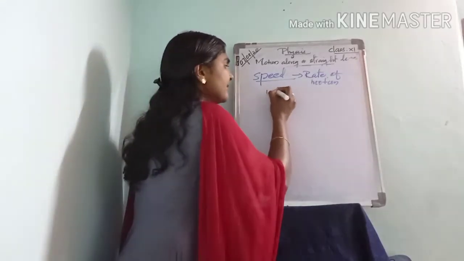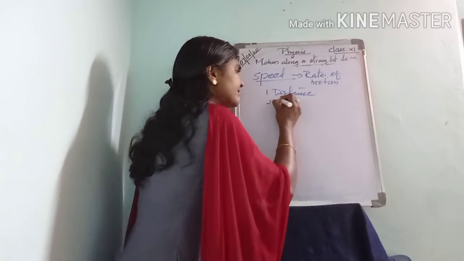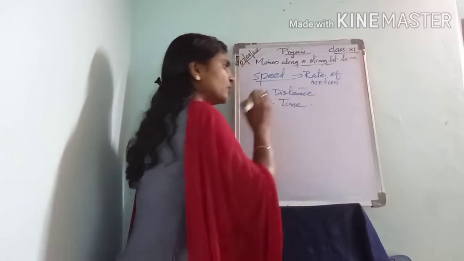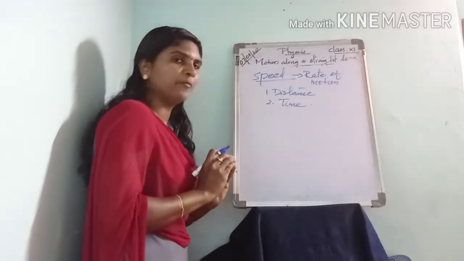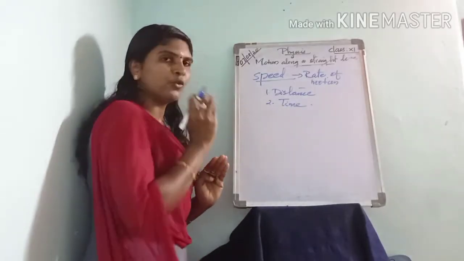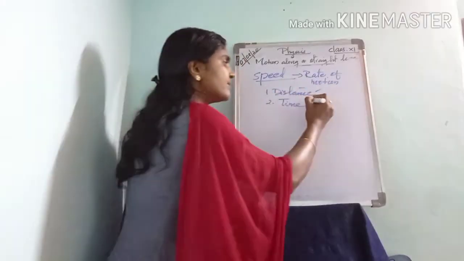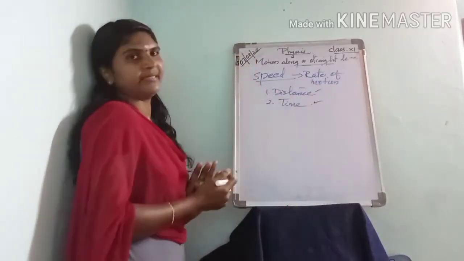The first is the distance travelled, and the second is the time interval.